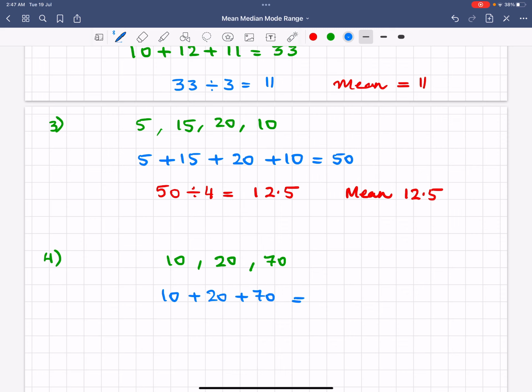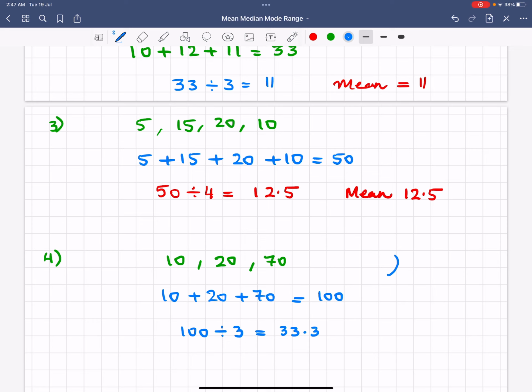So we get 30 plus 70 is 100. The total number of entries we have is 1, 2, 3. So we need to divide 100 by 3. When we divide 100 by 3, we get 33.3. It's a never-ending decimal.